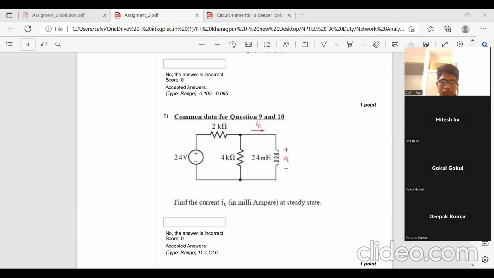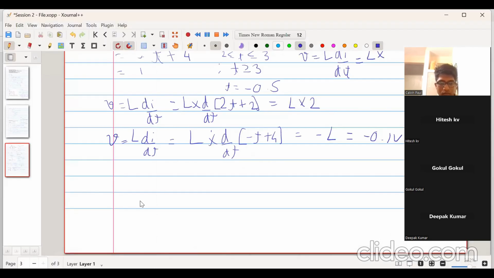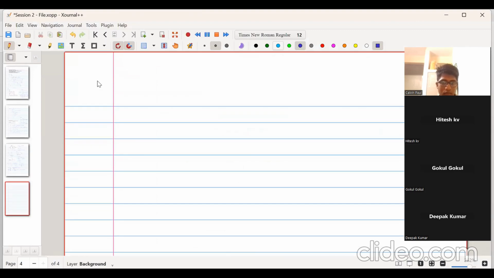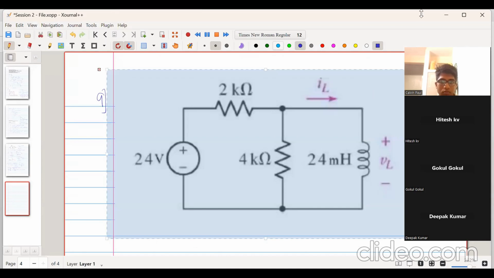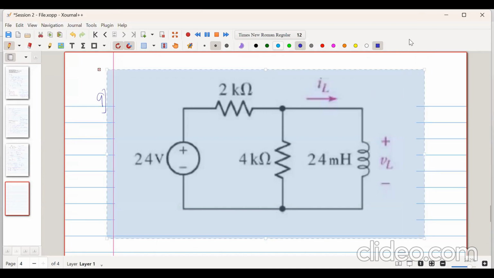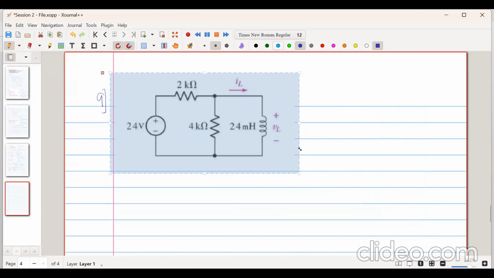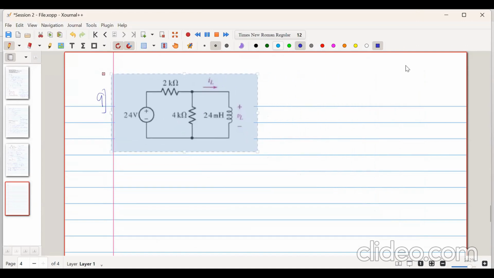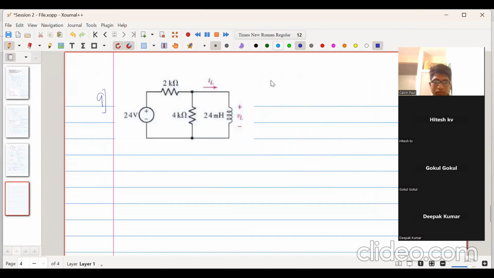So Deepak Kumar, which college are you from? Sir, I am from Prestige Institute of Engineering Management and Research, Indore. And you? I am from IIT Kharagpur. Okay.